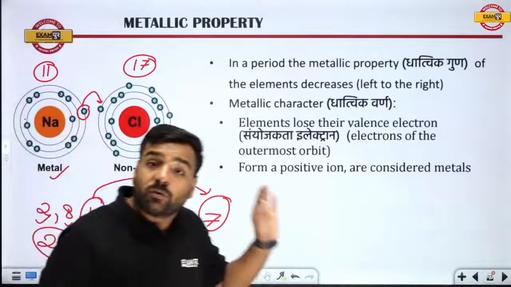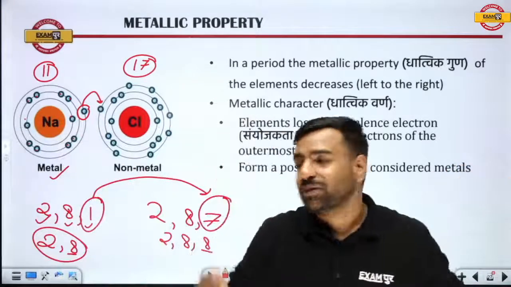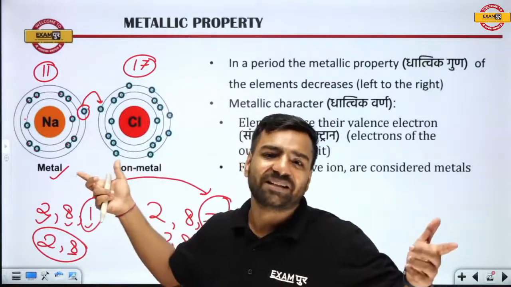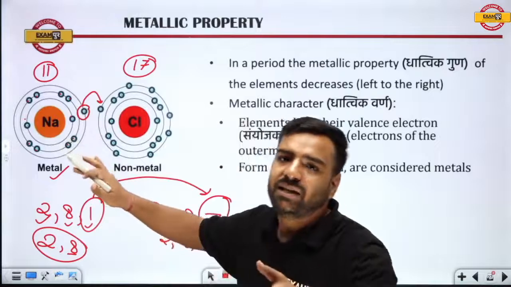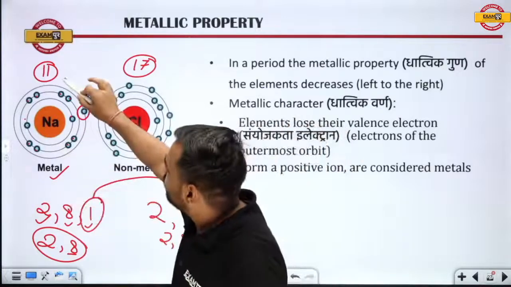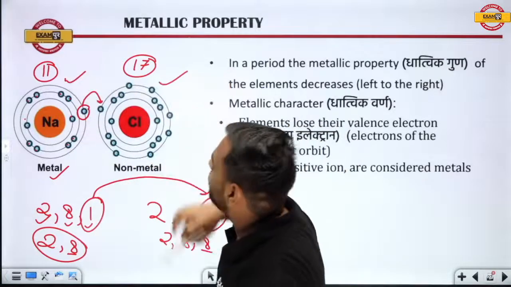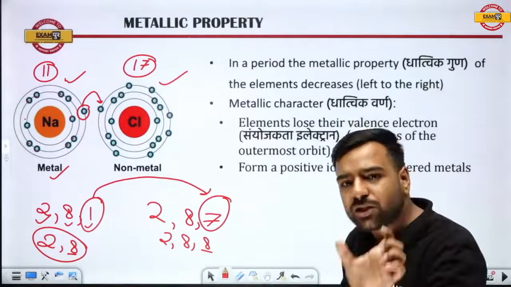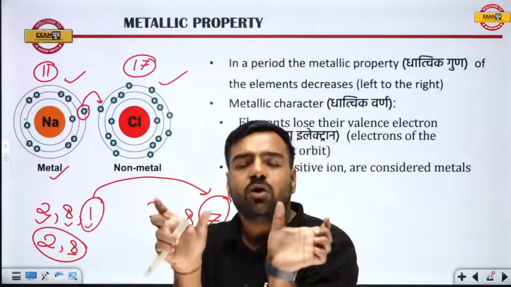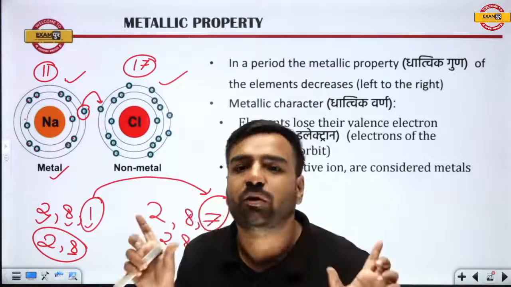Now what have I told? The one who gives is the metal. The one who takes is the non-metal. Simple. So yes, there would be bonding between the two. In this manner, we can say that the one who is giving the electron is the metal, the other one is the non-metal. And it's always that first of all the metal comes, then comes the non-metal, whenever we talk about any formula.